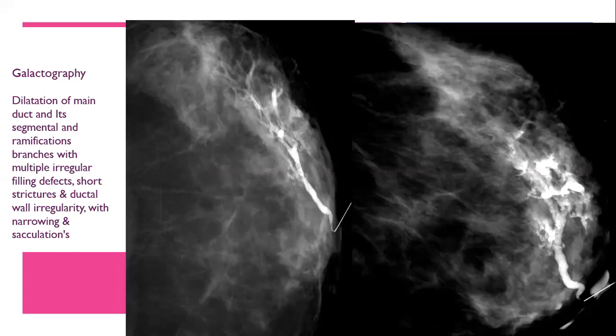The segmental ramifications of the ductal system are all mildly dilated, but not only dilated, they demonstrate irregularity, irregular filling defects, and short strictures alternating with dilatations, giving a beaded appearance. Findings are highly suspicious.